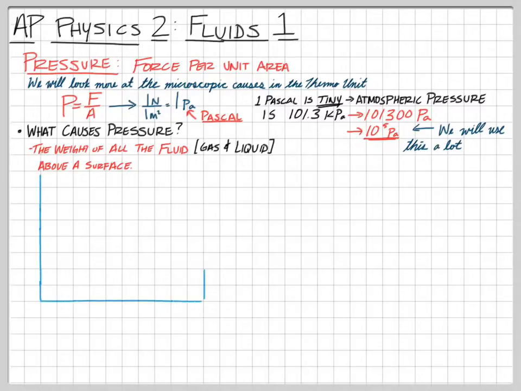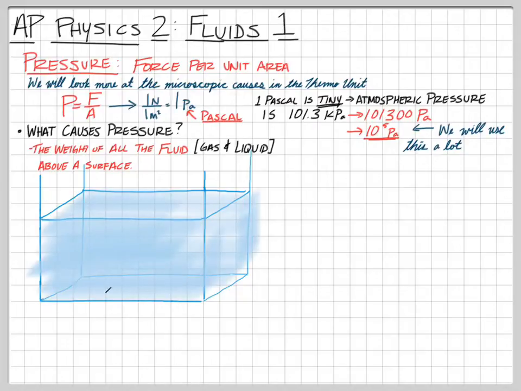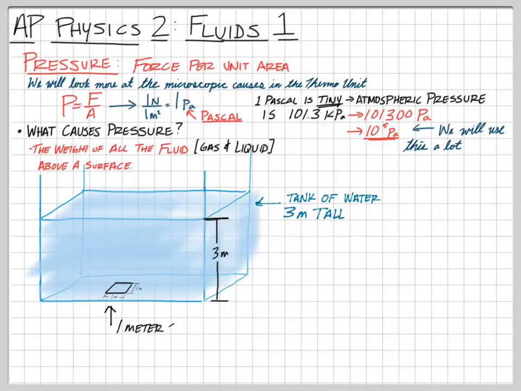So let's look at just an example of how we would get pressure. We're going to look at a big water tank full of water, lots of water. And we're going to look at a 1 meter square on the bottom of that tank. The tank is 3 meters tall and it's full of water. And that's a 1 meter square.